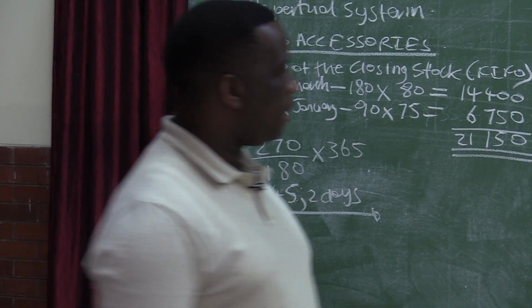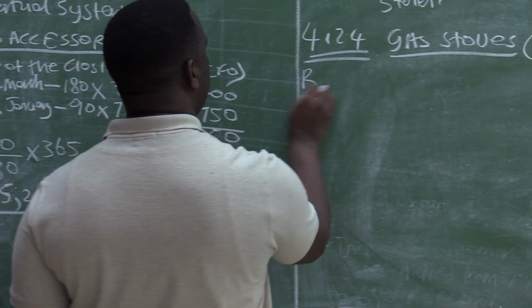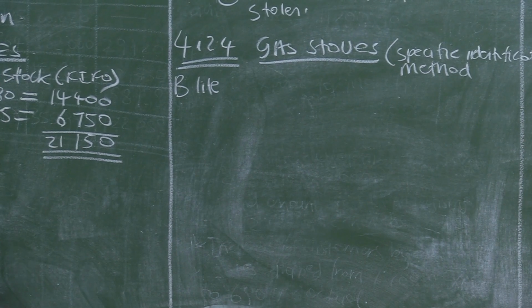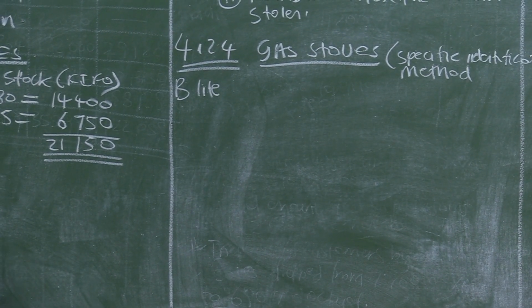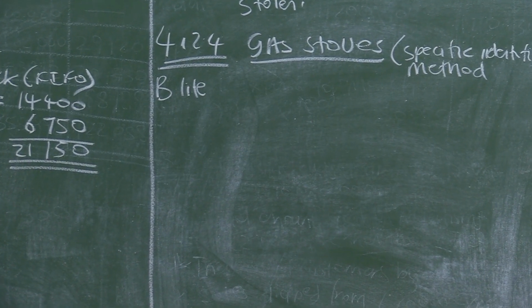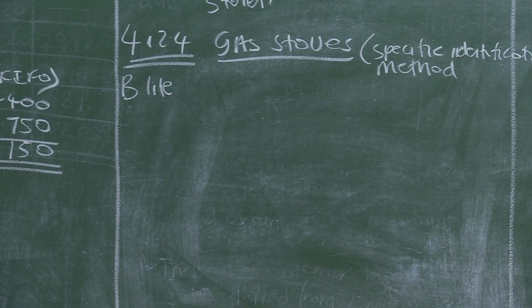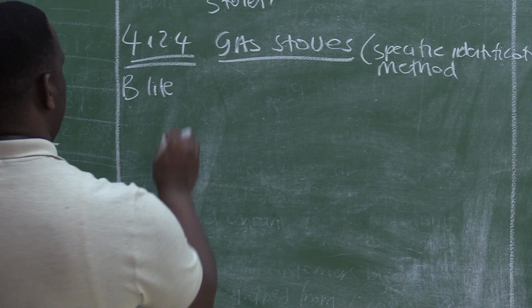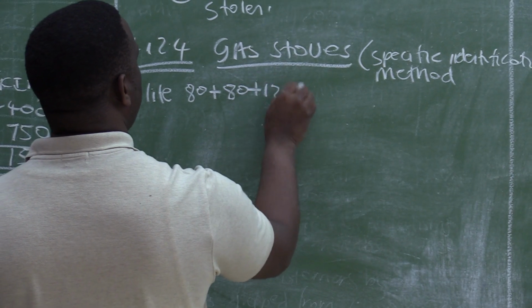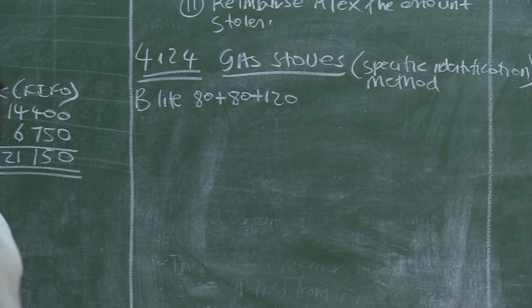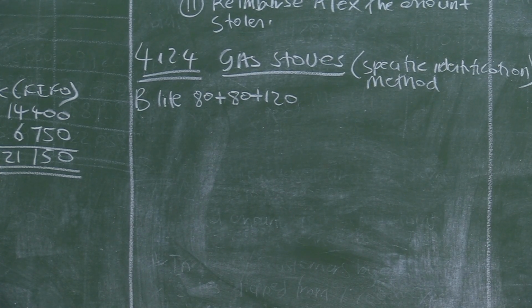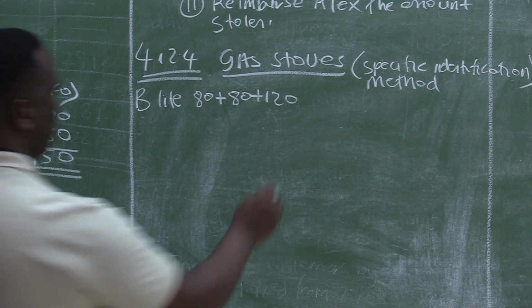We have 2 models there for gas stove. We have a B-light model. If you look at the B-light, the purchases is 80 plus 80 plus 120, minus 132 sold.